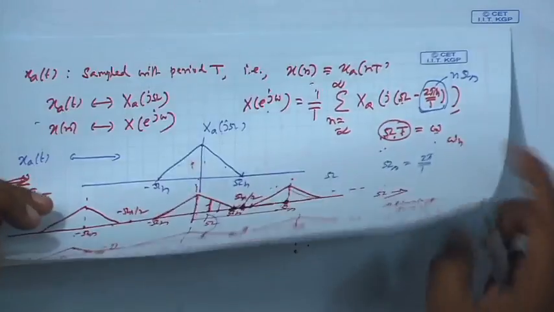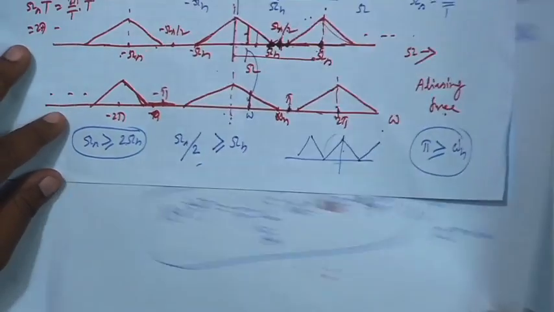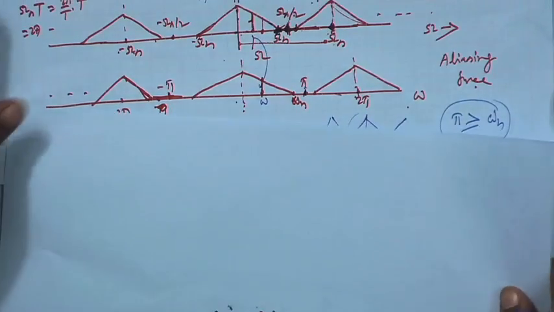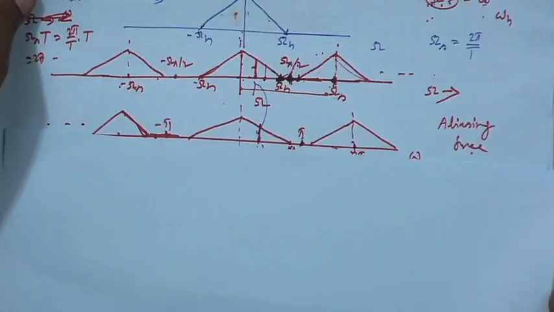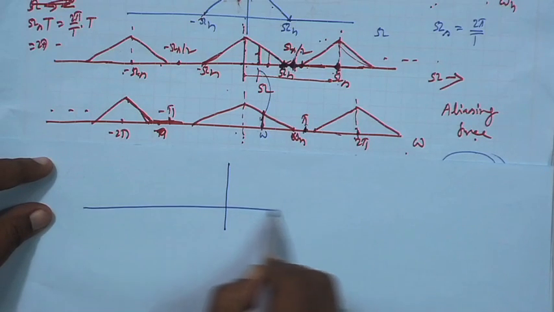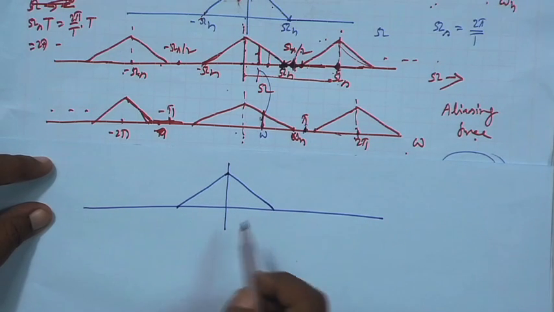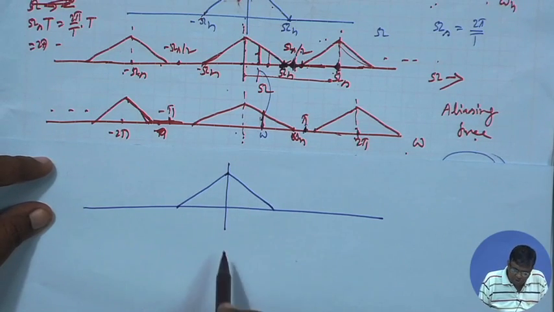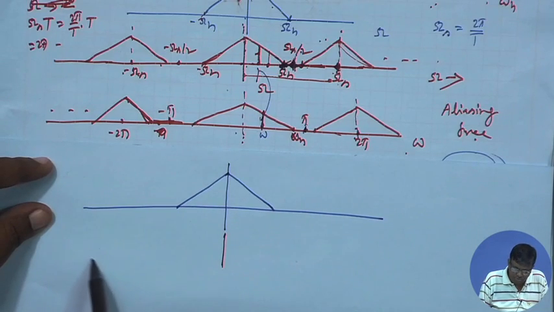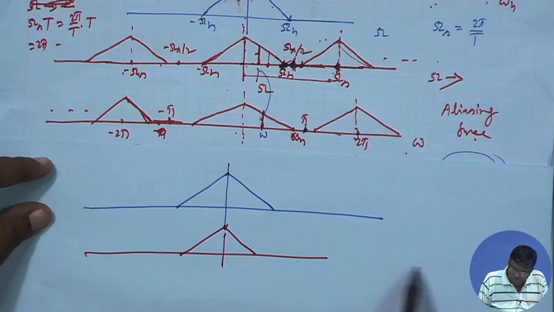On the other hand, if this is not satisfied, so what will happen is an alias thing. This is given as a function of capital omega.